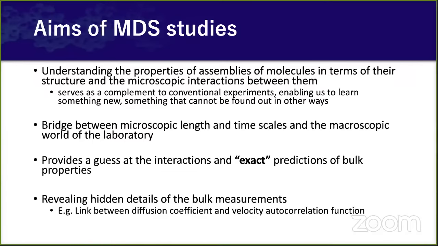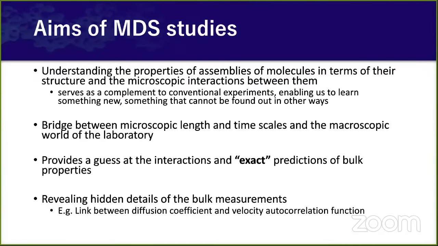So these simulations essentially provide guesses at the different types of interactions the system is having and exact predictions of bulk properties. Now, the reason why I have used exact and the predictions at the same time is just that simulations have a capability to get to the exact calculations of the bulk properties.